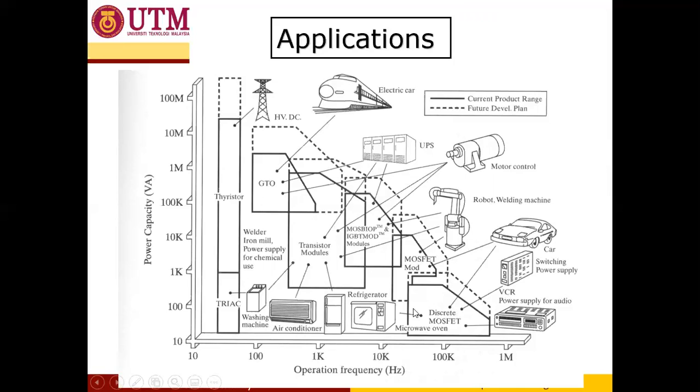And the MOSFET is at the other end, used for switching power supplies, VCR power supplies, and so on. These are very low power equipment but require a very high switching frequency. That's why we can use the MOSFET here.